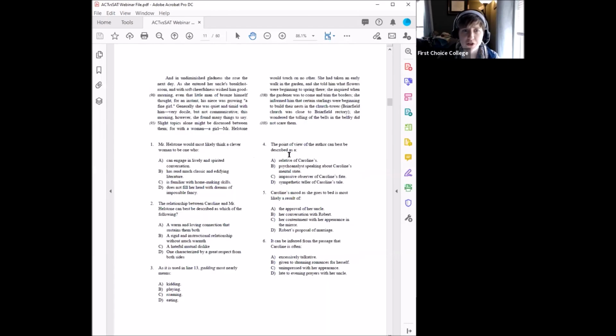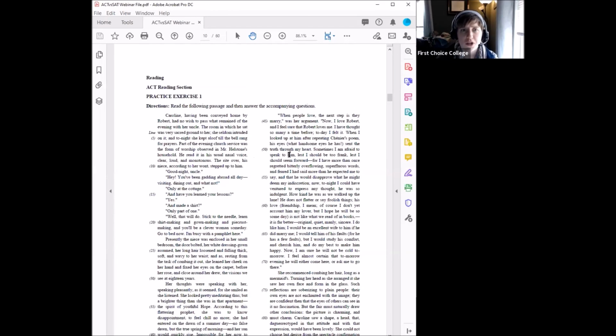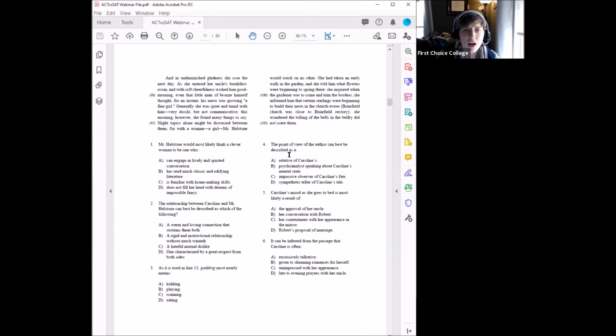The reading section, right? One of the things I want to point to is the differences between the reading sections. In this section, we see, Mr. Hallstone would most likely think a clever woman to be one who. This is going to be kind of explicit or direct information. So if a student's trying to answer that, they basically just have to find the part of the text where it talked about how Mr. Hallstone talked about a clever woman, right?